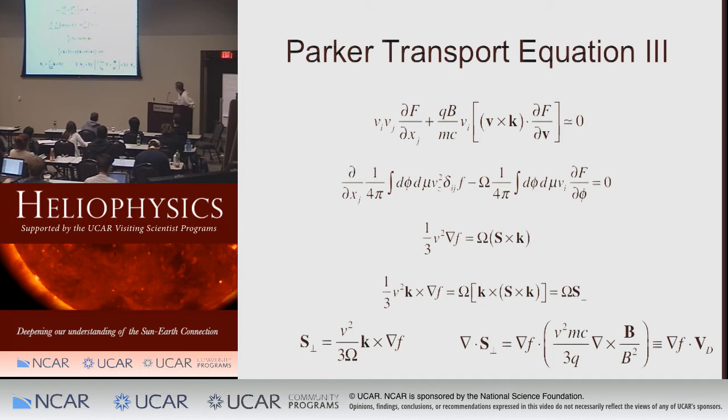When I take its divergence, part of it drops out because, when I do the vector identity for the divergence of a cross product, one part is the curl of the gradient, and that's 0. And so that drops out, and lo and behold, I get something like this, which gives you basically a convective derivative. The divergence of this S perp gives you grad F times this quantity, and we call that the drift velocity.